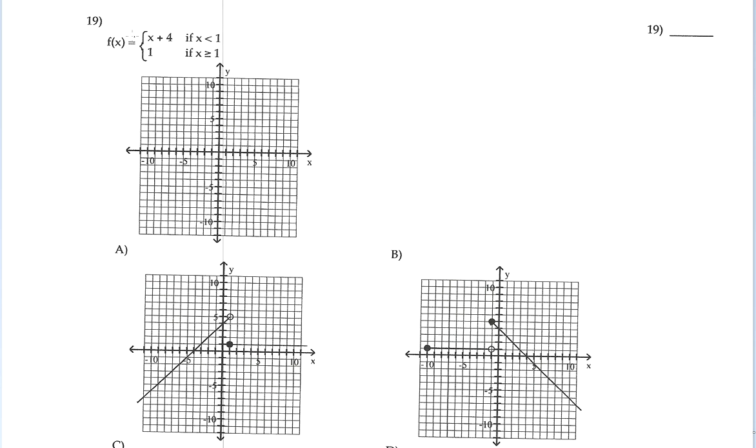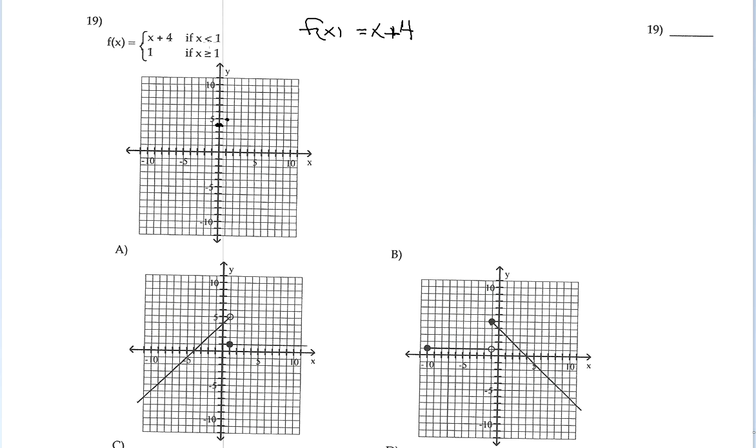Alright, graph the piecewise function, so we'll graph these individually. So this is f of x. I want you to look at it as this: x plus 4. We're just going to graph this on the grid here. That's a 4, so I'll plug in 4 here. My slope is 1 over 1, so I'm going to go up 1 over 1. And the parameter is that x is less than 1.